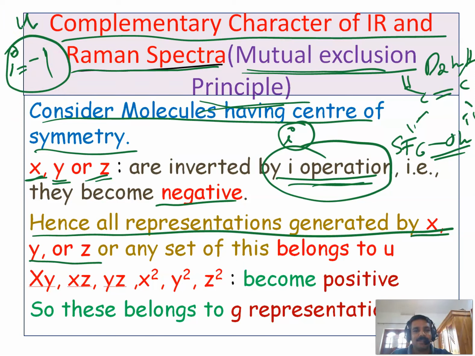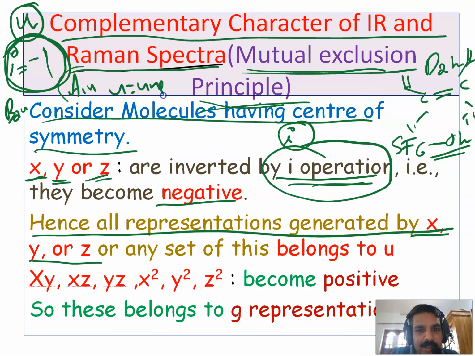I think you may remember from the Mulliken symbols that if the character of I is equal to -1, it is denoted as u, like B2u or A1u. That is ungerade symmetry.